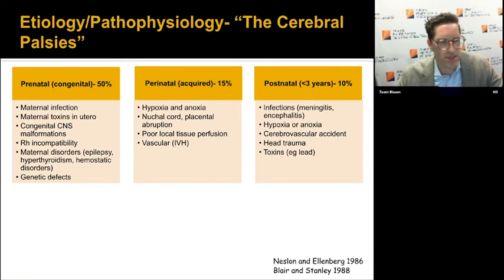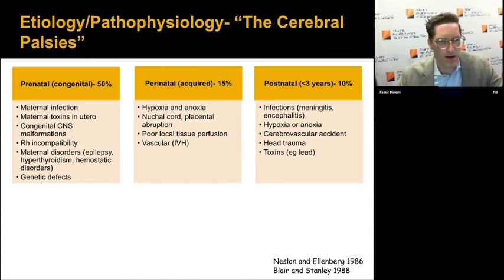The lesion to the central nervous system is defined as that which occurs anytime less than 3 years of age. And what results from these conditions is most commonly some type of ischemic or hypoxic or inflammatory injury to the brain.